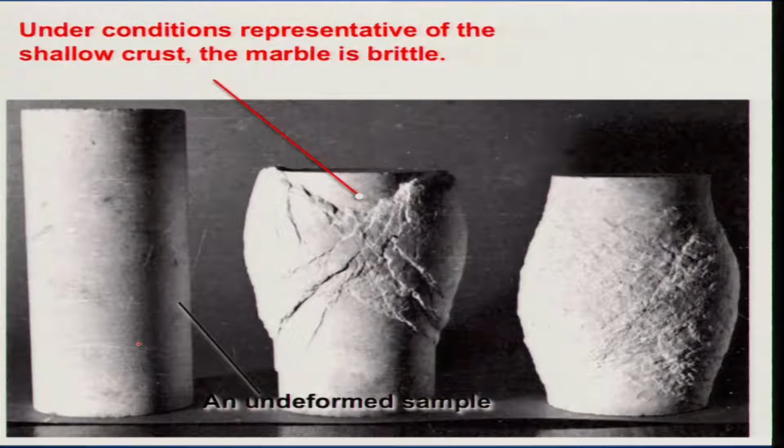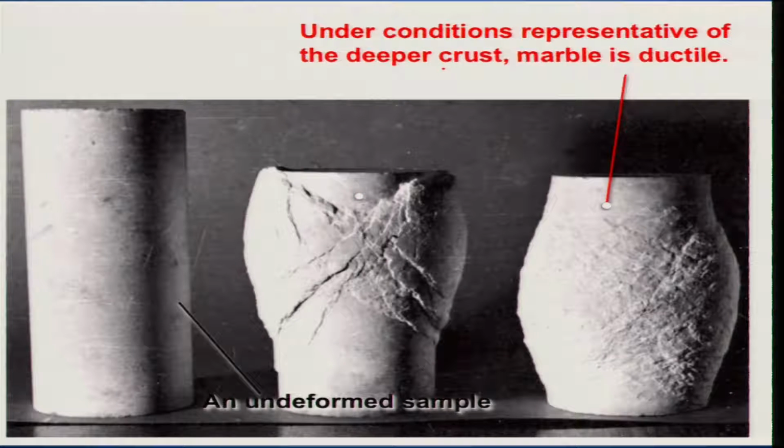So, it will fracture in a brittle form, whereas if you deform it at a deeper part, it will be ductile. It will not fracture, it will just deform with minor fractures. These are the variations one can see, and this can also help in understanding the earthquakes which occur at shallower and greater depths.